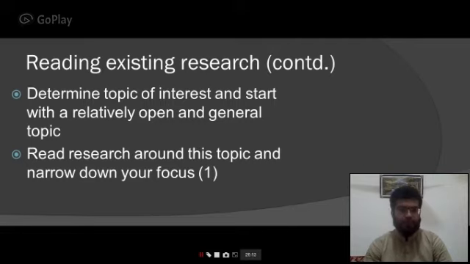So do not try to narrow down your topics just using your imagination and speculation, sitting idle and wondering how it can be narrowed down. Rather, allow the reading to do this task for you, because after reading you will be able to easily notice those areas which still need critical attention.